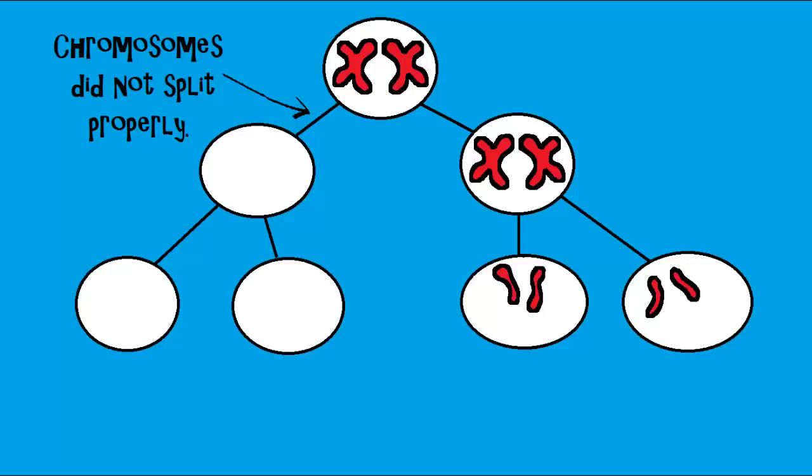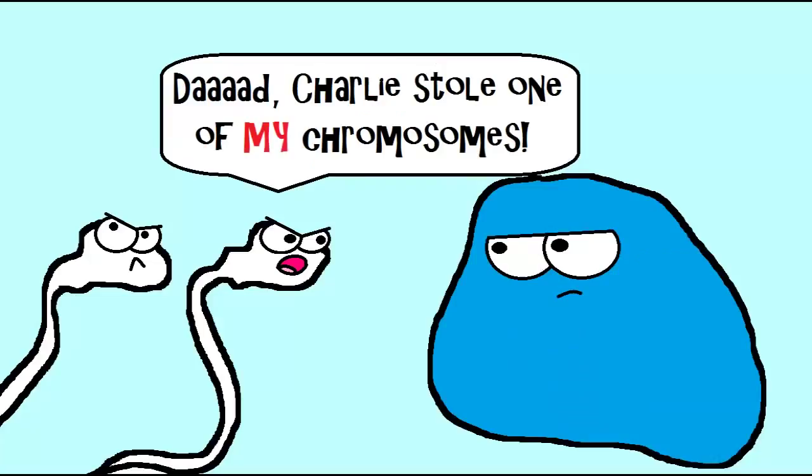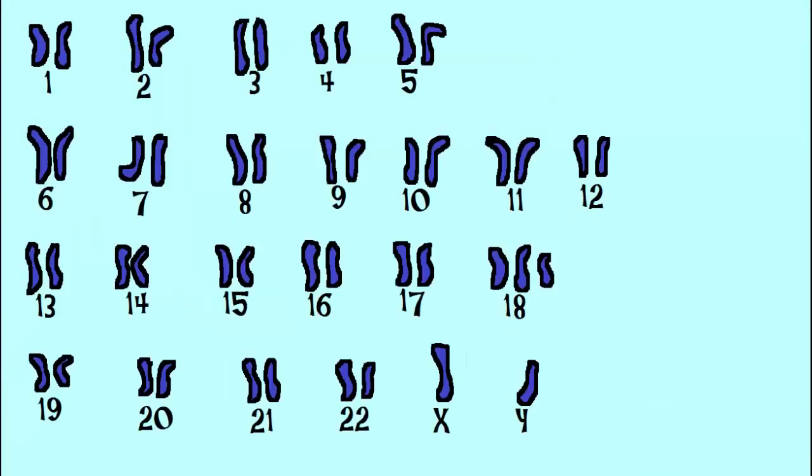But sometimes those chromosomes, when they're separating, they don't separate completely. We call this non-disjunction. This results in an egg or sperm that has too many or too few chromosomes, and that can cause a genetic disorder depending on which chromosome we're talking about. Different chromosomes contain different genes, so the specific chromosome that's affected, that really does make a difference in the result.